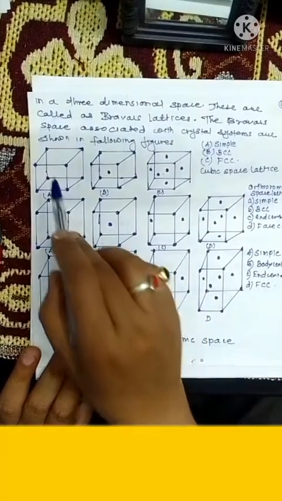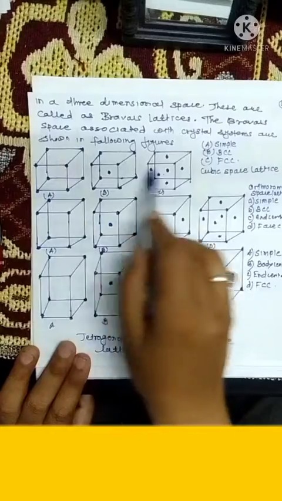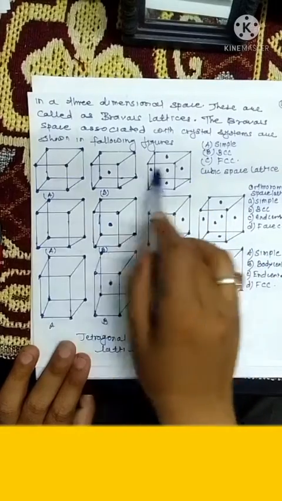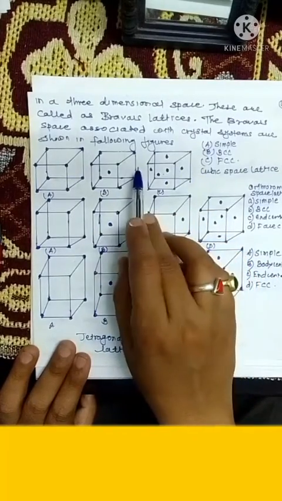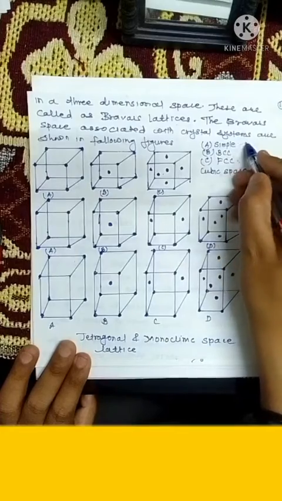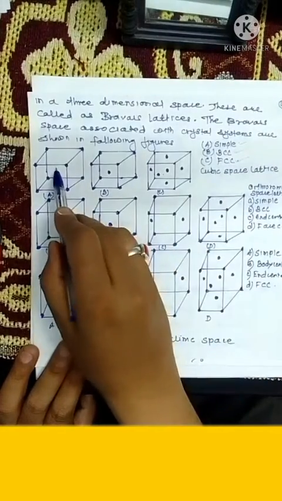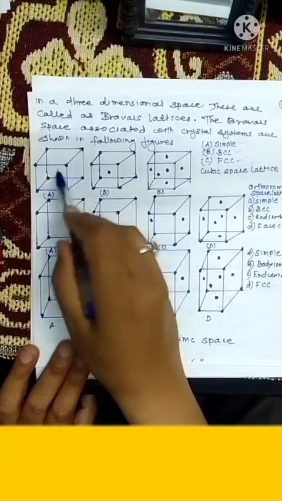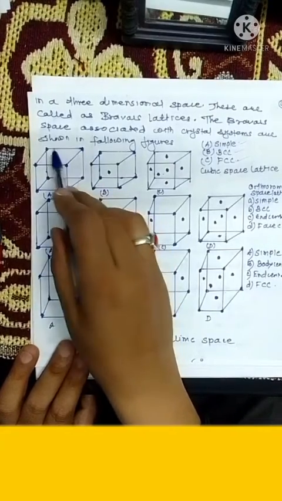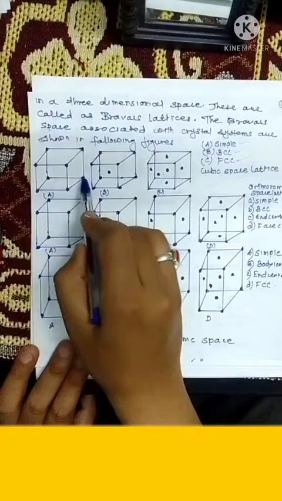So just see, this is your cubic system. And cubic system is further divided into 3 types, that is simple cube, BCC cube, FCC cube. In a simple system there are 8 particles present at every corner.